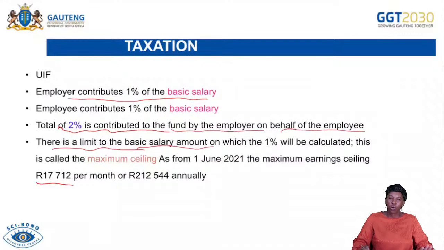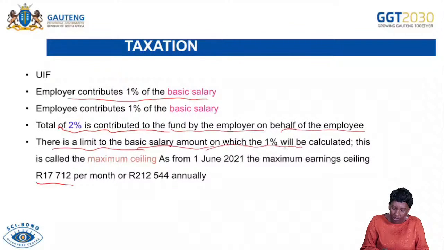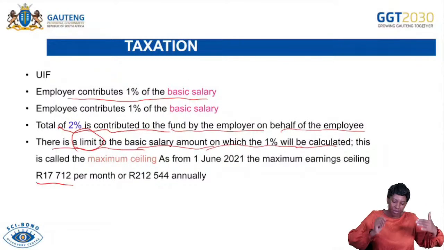So because we want to manage this fund, we have to calculate which salary amount the 1% will be calculated on. So there's a limit to the basic salary amount on which the 1% will be calculated. This limit, they call it the maximum ceiling.